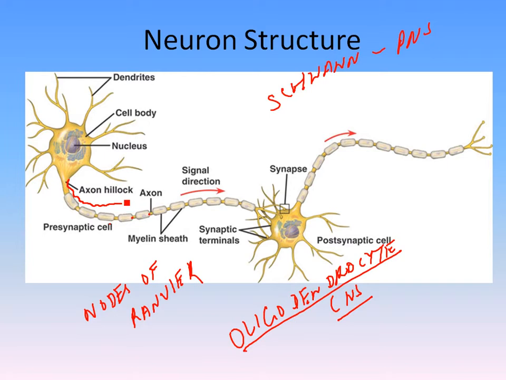However, when there is myelin, the impulse is going to jump from one node of Ranvier to another. So this sort of propagation is going to be faster and is called saltatory conduction or saltation.